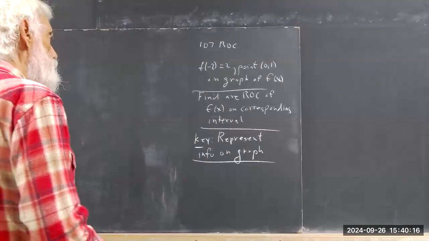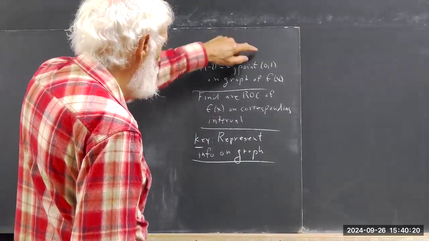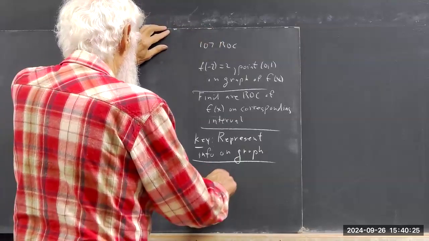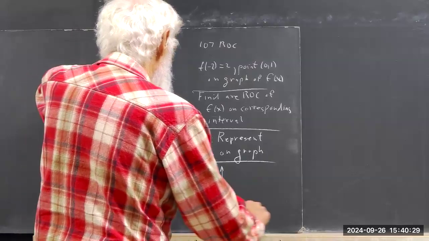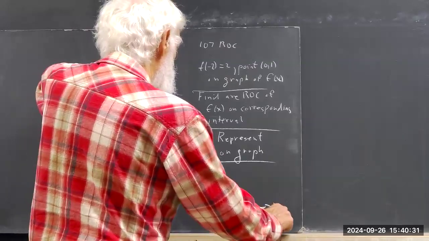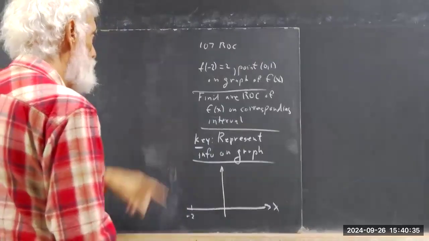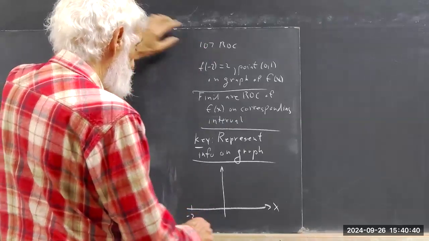So our information is f of -2 equals 2, and the point (0, 1) is on the graph. Now, what does f of -2 equals 2 mean? It means when x is -2, y equals f of x is 2.